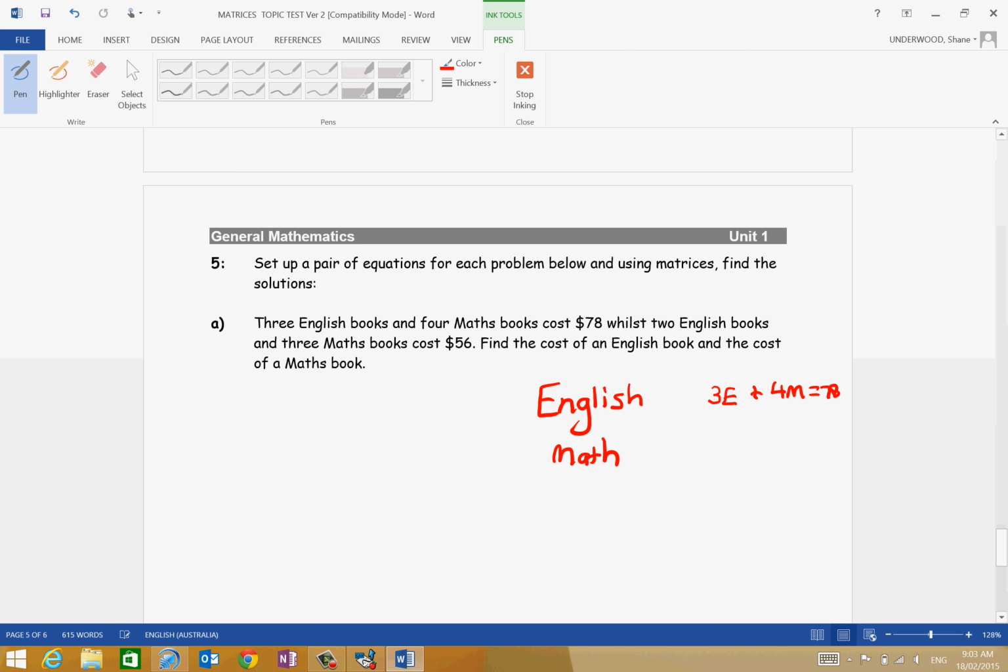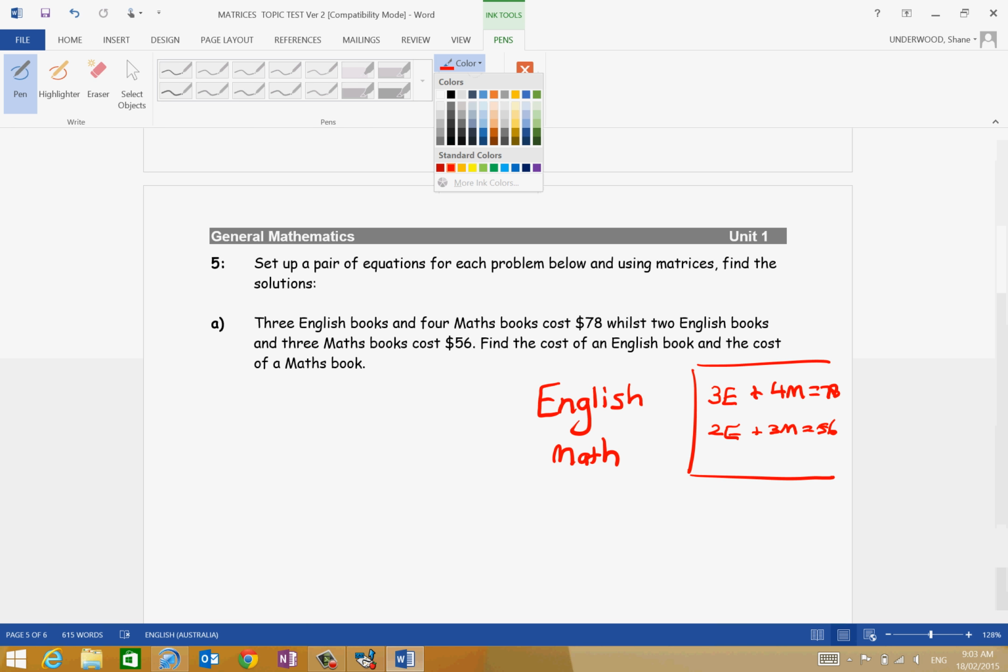We could write out an equation if you like. Whilst 2 English books and 3 maths books cost 56. Well, look at that. We've got 2 equations there. And without even really knowing how to set up the matrices, we've already effectively done it by just writing it out like that.